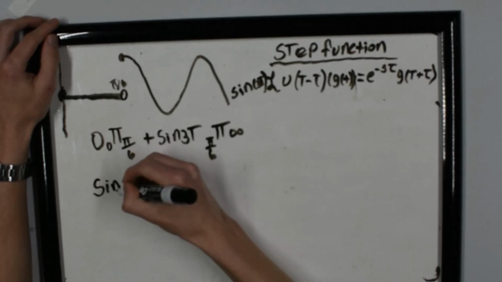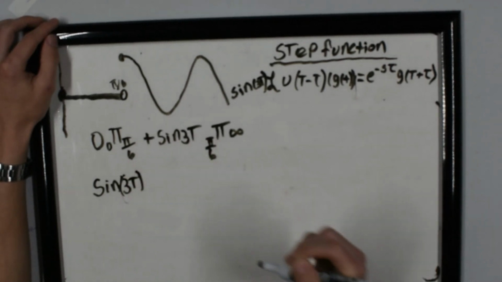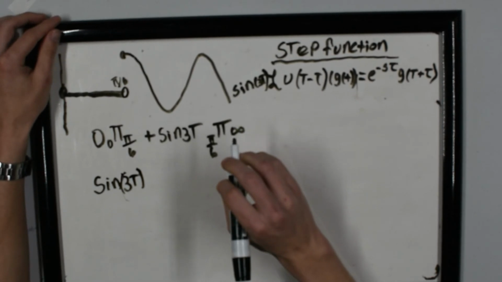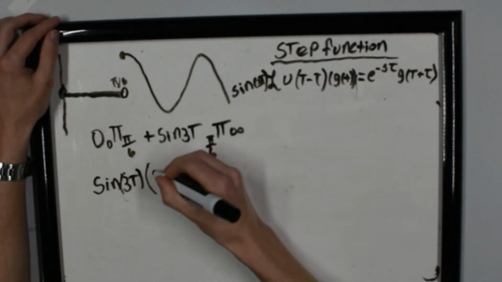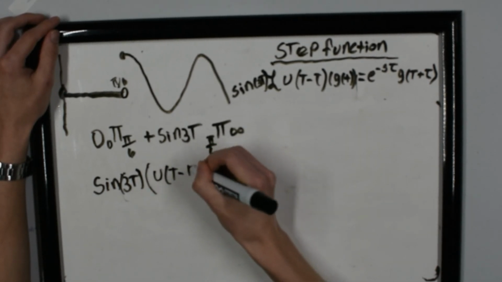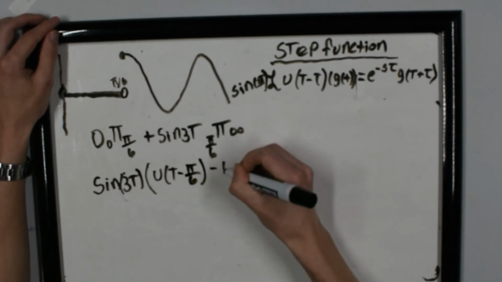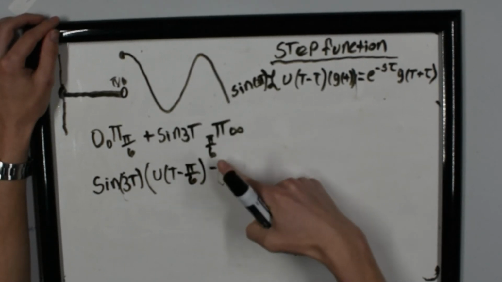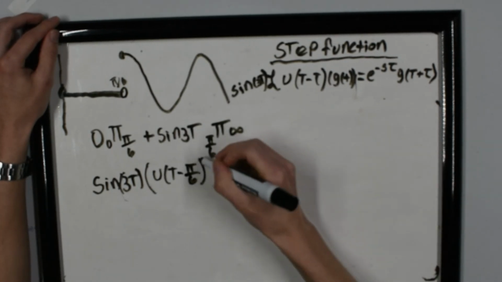I only show you this notation because the chapter uses both, so it's a good idea to know both. So sine 3t distributed to u(t minus pi over 6), minus u. Actually, we don't need any more because this goes to infinity.